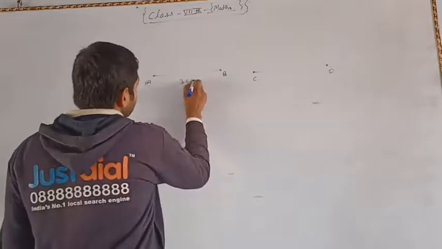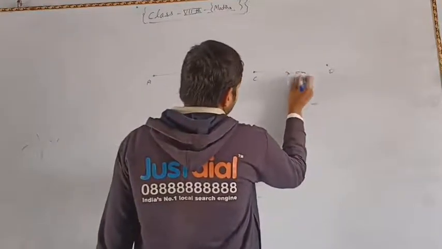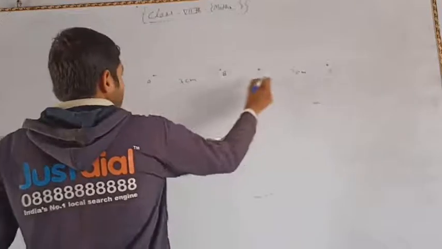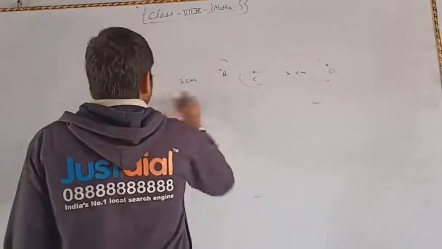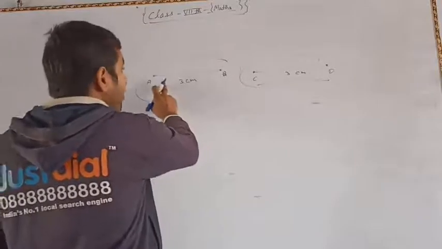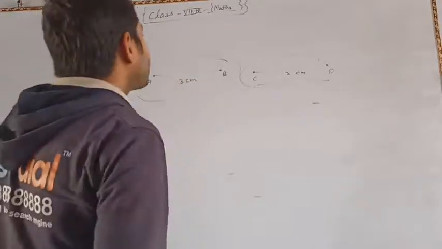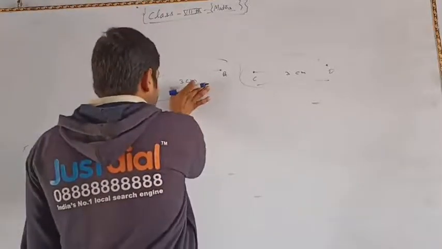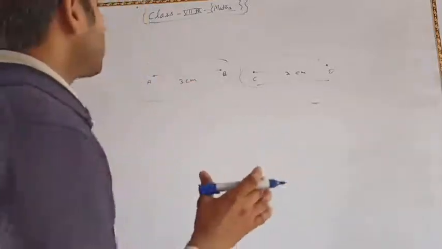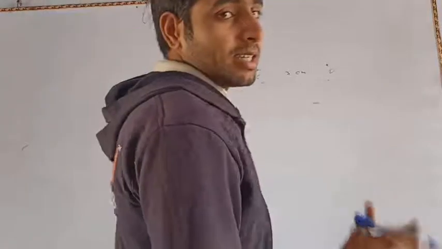So this line segment is also said to be congruent to the other line segment, because the length of segment AB is equal to the length of segment CD.